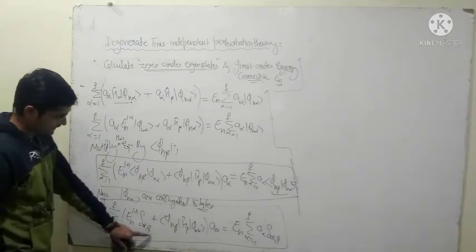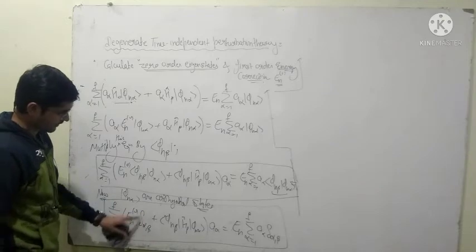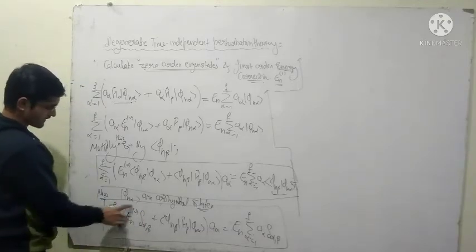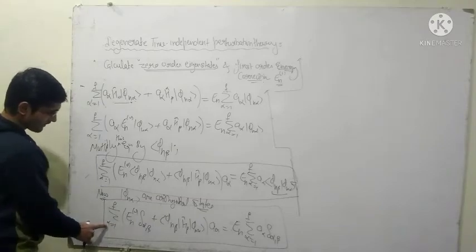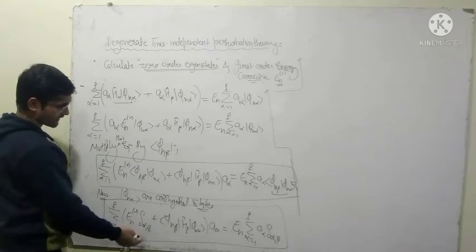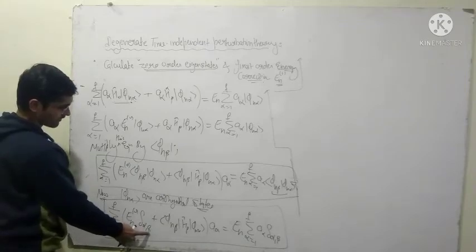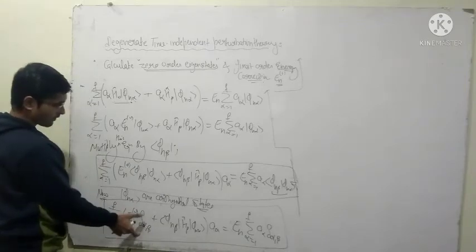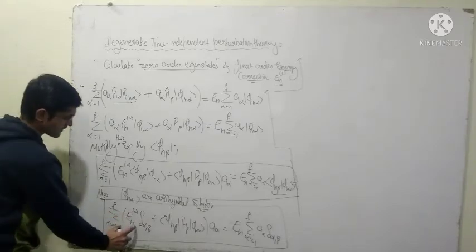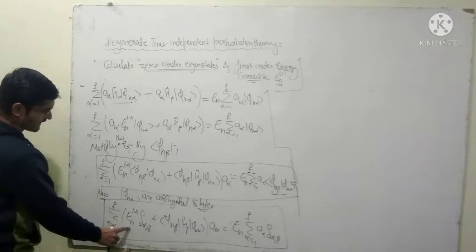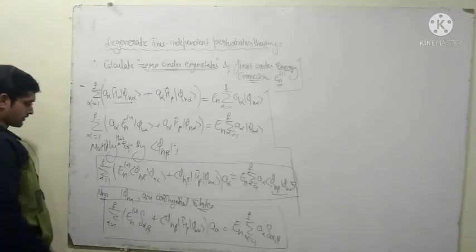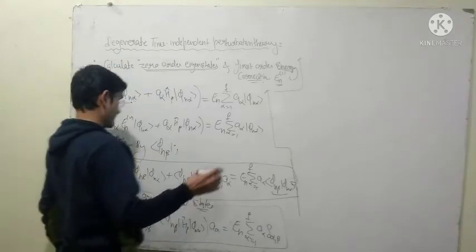When alpha is equal to beta, the Kronecker delta gives 1 and we get E n. For all other values, alpha is not equal to beta, so the delta is 0. So there will be just one term in the summation, which is E n a beta when alpha is equal to beta.